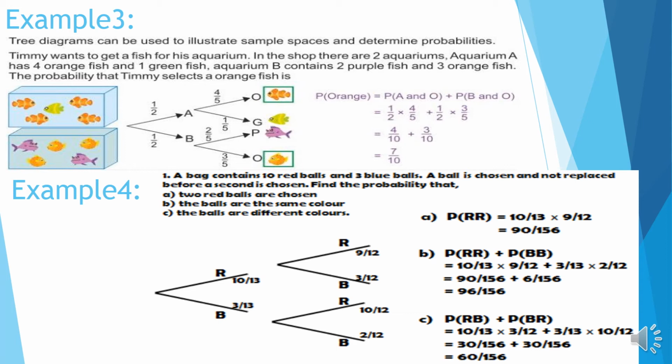How many red balls are still in the bag? 9 out of 12. But for blue, notice in the second arrow, B such that R, blue is 3 out of 12, because the first selection was red. A red ball went out, so now I have 12 in the bag.